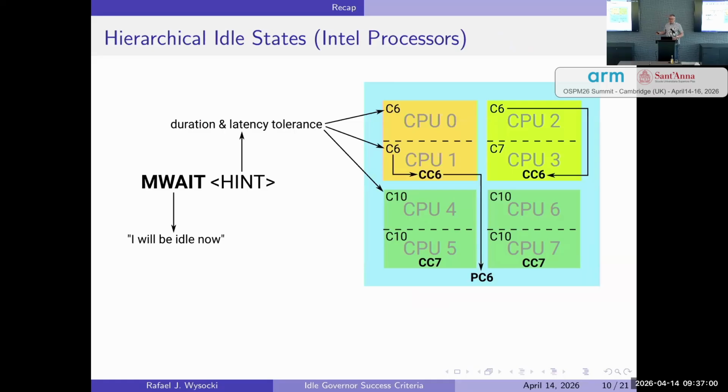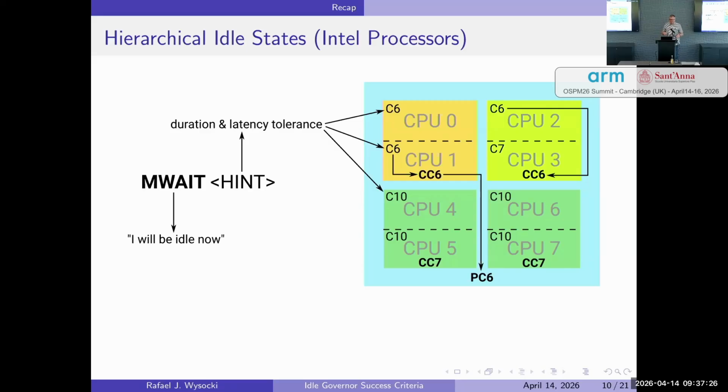One complication on top of all that is, as I said, we have an array of idle states per CPU, which doesn't take dependencies into account and doesn't take hierarchies into account. And modern chips are hierarchical by nature.